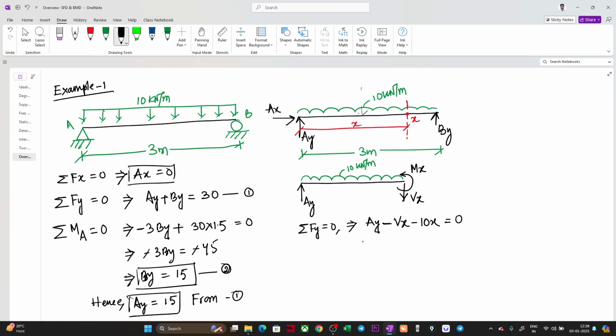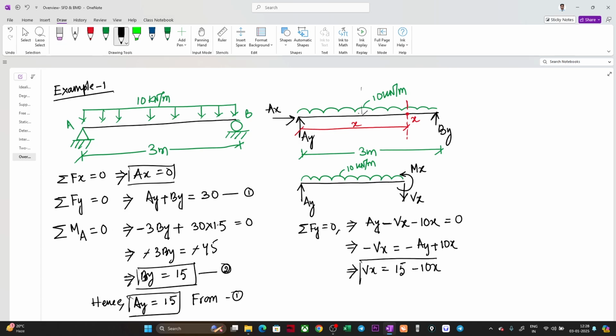So from here, if you want to find out the Vx, minus Vx equal to minus Ay plus 10x, right? So we can say Vx equals Ay minus 10x. What is the value of Ay? We know it is 15, so I can directly write it here. It is 15 minus 10x.